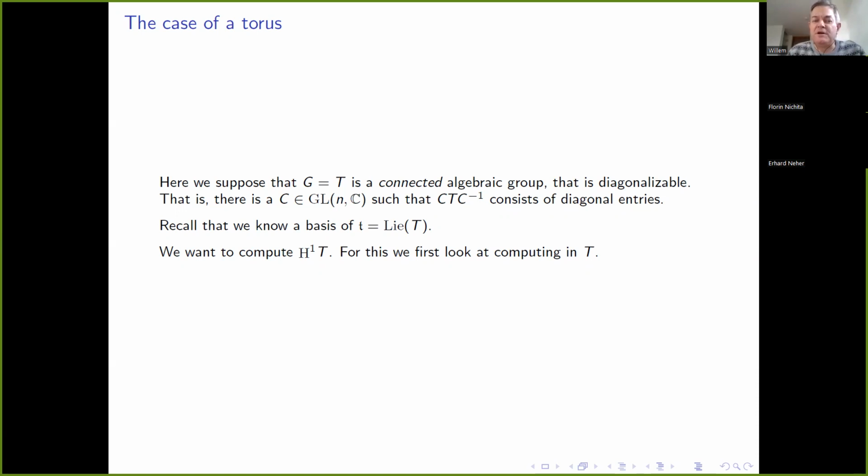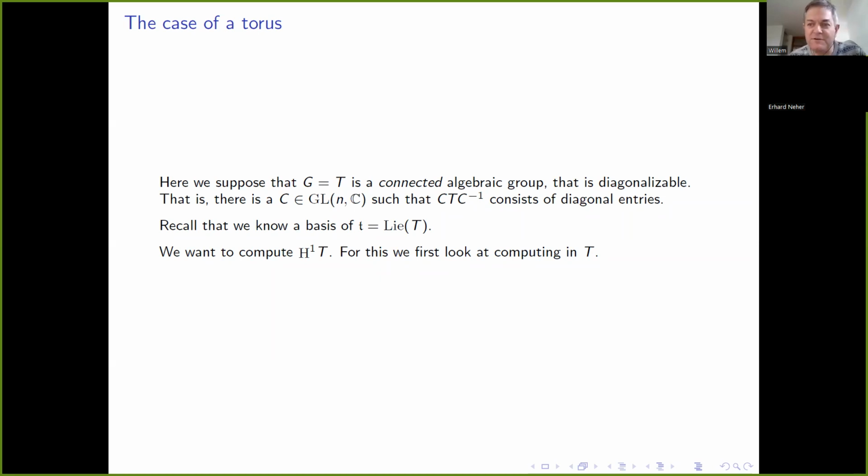And we know a basis of its Lie algebra. We want to compute the H1 of T. For this we first look at how to compute in this group T. We just know a basis of its Lie algebra, but we want to compute in the group. This works very well with tori, apart from a little problem that I will not talk about.